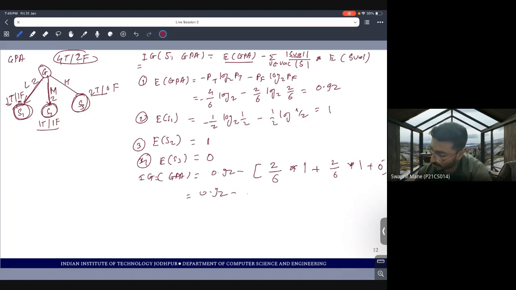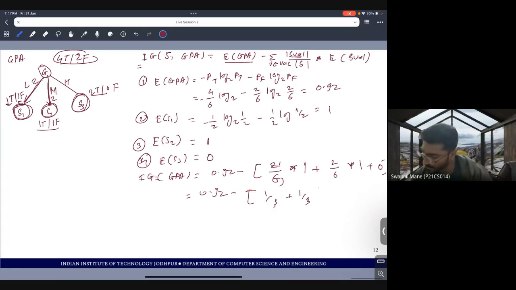0.92 minus, so 1 divided by 3 plus 1 divided by 3, let's take as 1 divided by 3, minus 0.92.